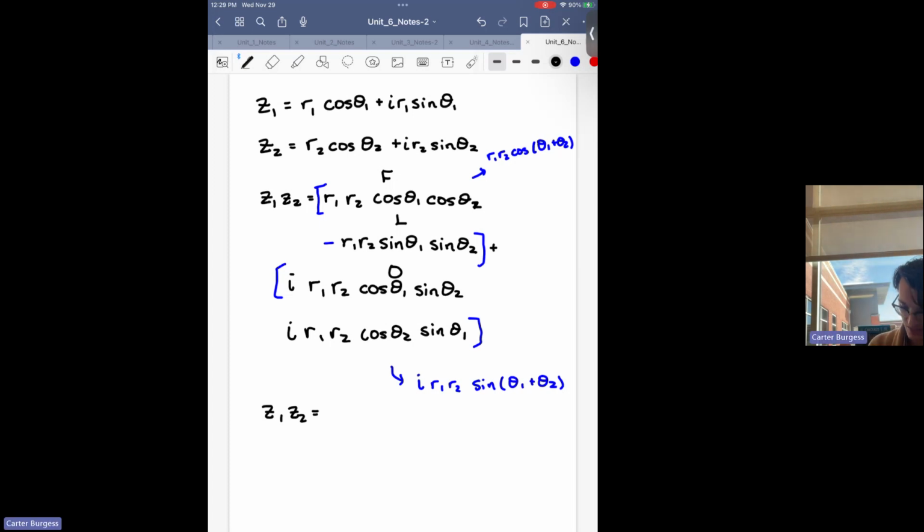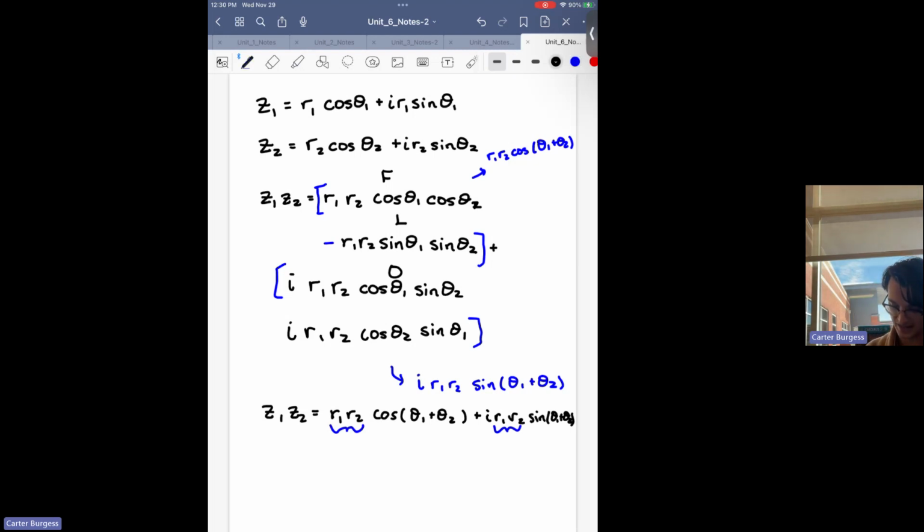This would just be, in this case, R1 R2 cosine of theta 1 plus theta 2, plus i R1 R2 sine of theta 1 plus theta 2. And then again, we see here this construction. We've got some kind of magnitude, in this case the product of our original two, and we've got cosine plus i sine.